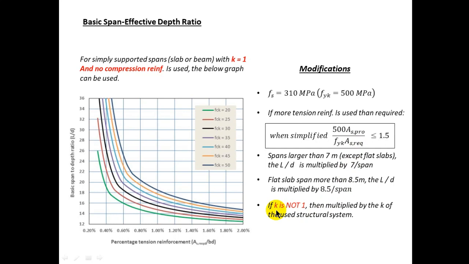My K isn't 1, so I just multiply 15 times 1.3. So if my K isn't 1, I can refer to this graph. But just remember, you shouldn't really have any compression reinforcement if you wish to use this graph.